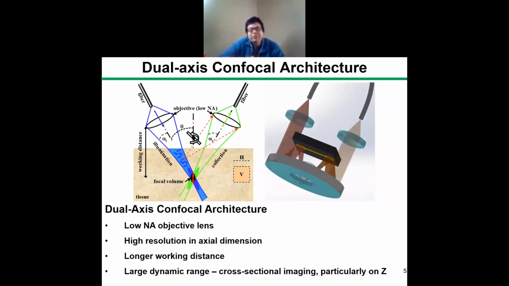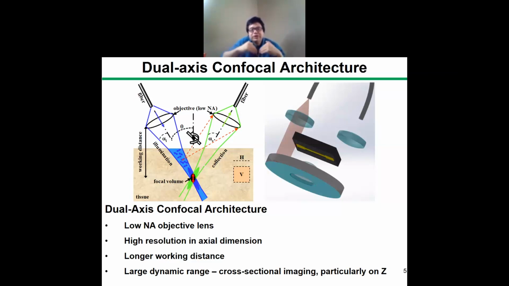Nowadays, light sheet is quite popular in imaging systems. Light sheet gets the signal at a 90-degree angle, or you can slightly tilt it. This kind of low NA objective lens also provides a large field of view. We didn't sacrifice much on the lateral, but this architecture enhanced the axial resolution a lot.